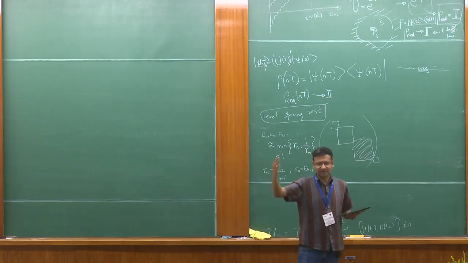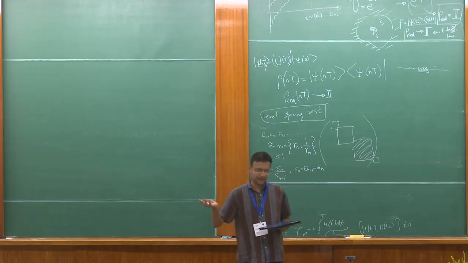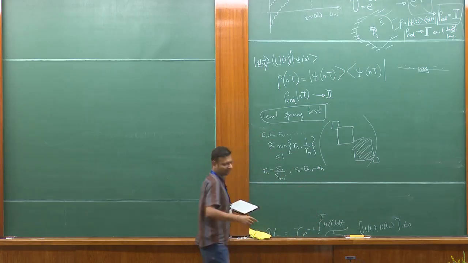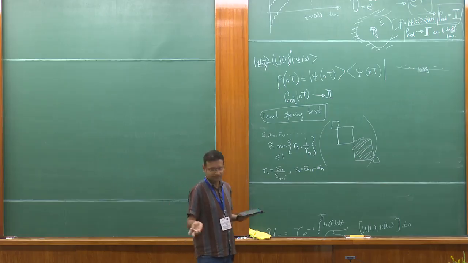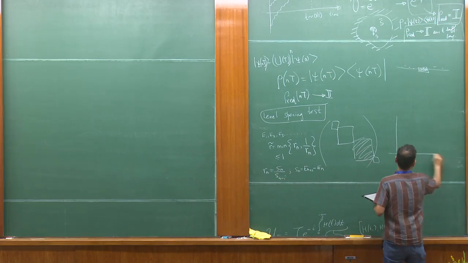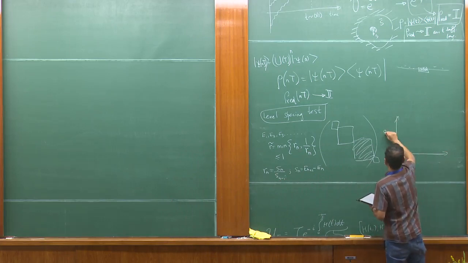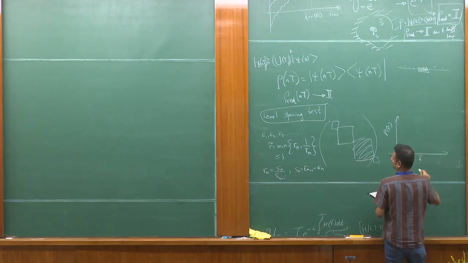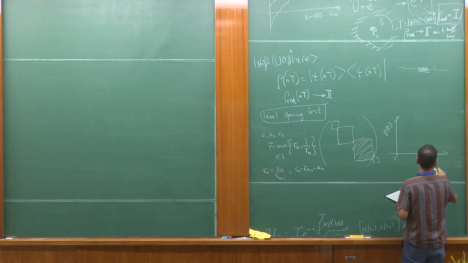Now, in a big system, you have lots of states, so you get a big data file with lots of numbers for r tilde. From that, you can draw a histogram. Of course, this object is between 0 and 1.